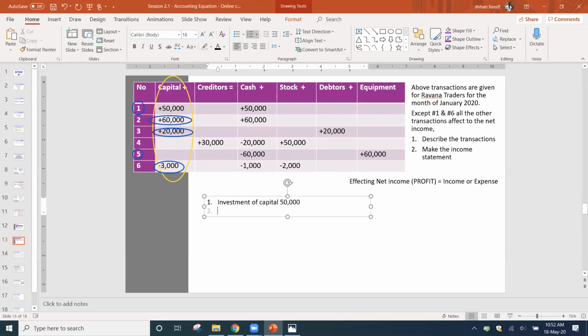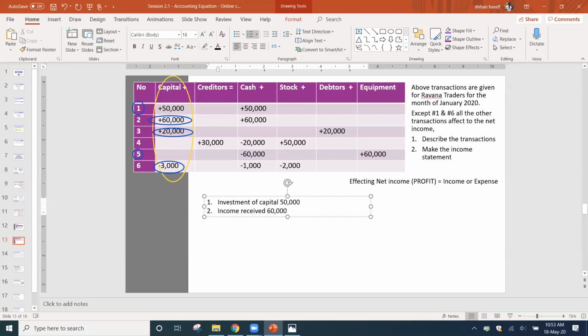Now, if you see, number 1 and number 2 are same. But since the second transaction affects the income, affects the profit, it is an income. So income received. We can assume it's income received, we can say cash sales or income received, 60,000.